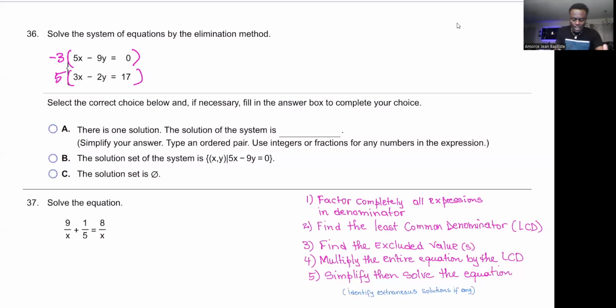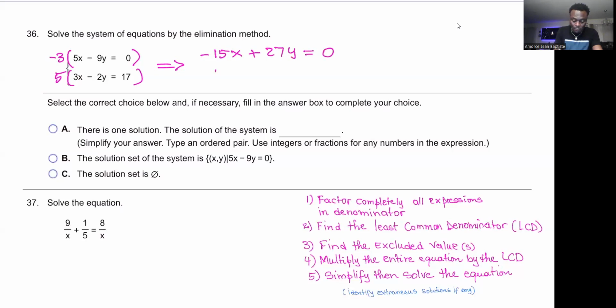So then let's do that. My new system, which is an equivalent system because each whole equation was multiplied by the same number, which didn't change my equation, is -15x plus 27y equals 0.